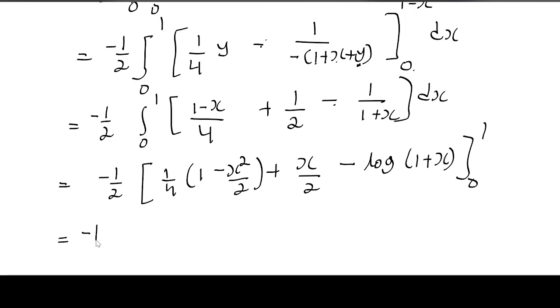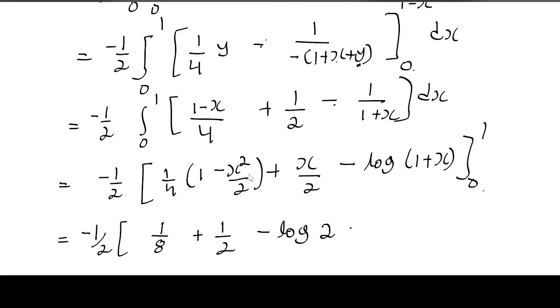If I substitute the limits, minus 1 by 2 into, first substituting the upper limit for all the terms, it becomes 1 minus half, that will be half, into 1 by 4, that will be 1 by 8, plus 1 by 2 minus log 2.